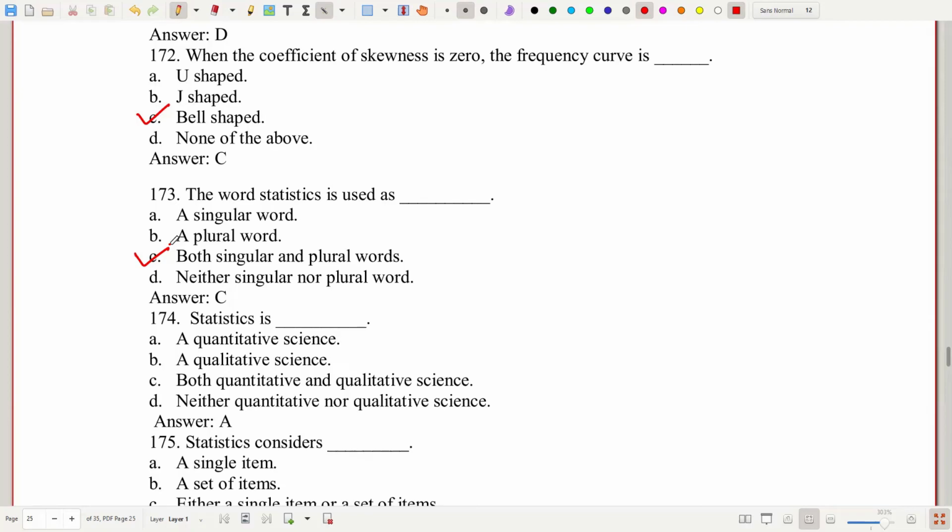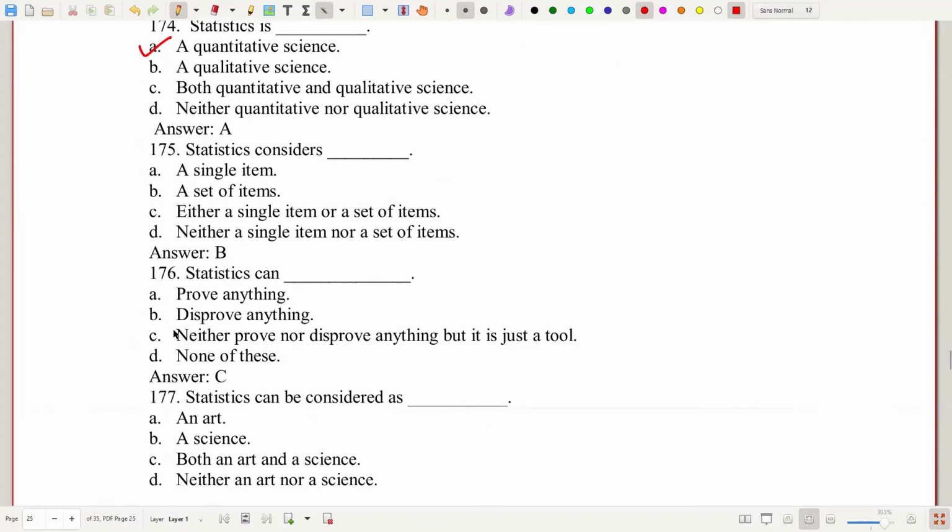Statistics is a quantitative science. Statistics considers a single item, a set of items, practically a set of items.